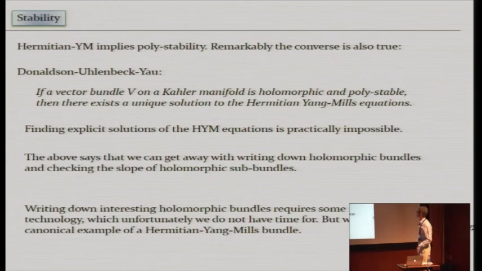That's another nice way, and you get a spectral cover, an algebraic divisor which you can write down explicitly. That's all a very nice story, but it's too technically complex to go into here. But just so you know, we certainly know how to write down holomorphic bundles, and then proving that there exists a solution of the Hermitian-Mills equations just boils down to showing that those holomorphic bundles are polystable.